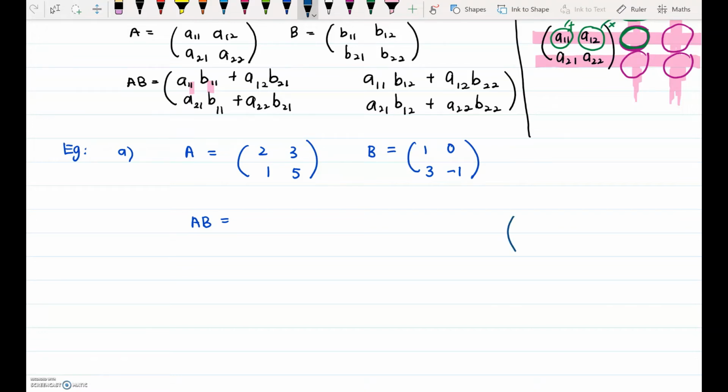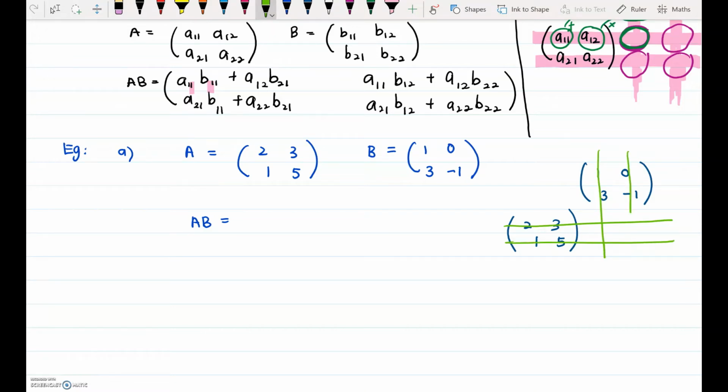So the first one, your A will be here, 2, 3, 1, 5, and your B will be here, 1, 0, 3, and -1. Next we will do the cross section here. Then your new AB will be in here.